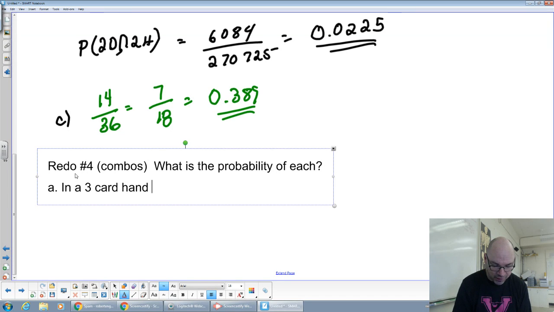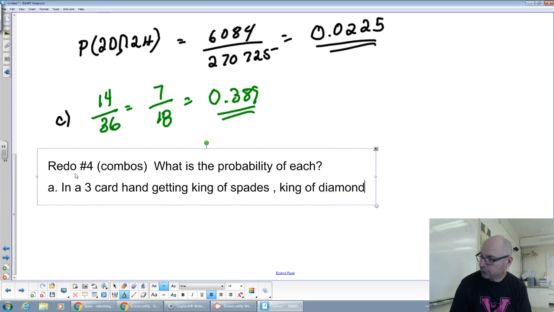In a 3 card hand, getting 3 kings, or let's say king of spades, king of diamonds, king of hearts.